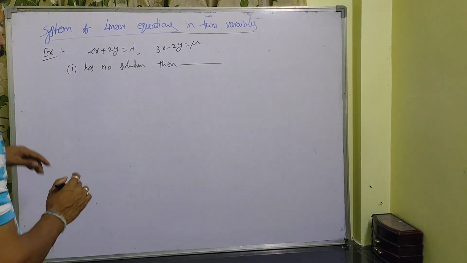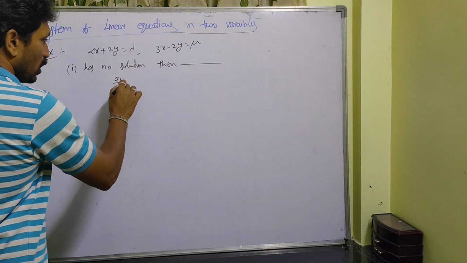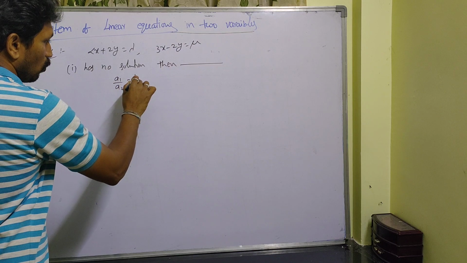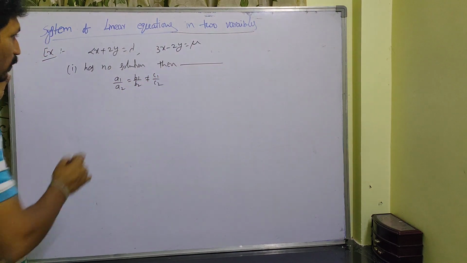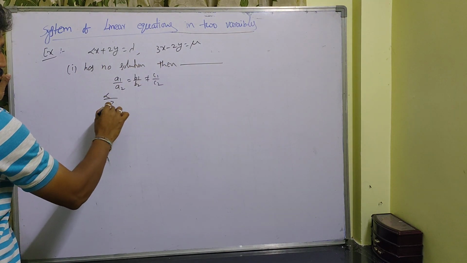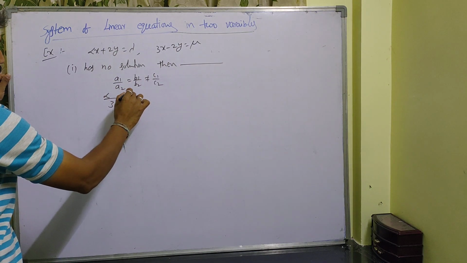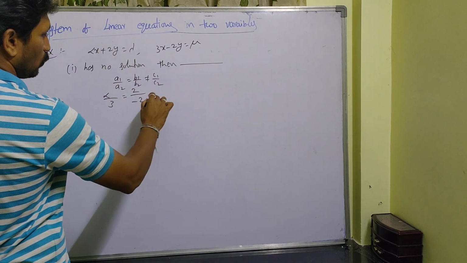Okay, see here, has no solution is asking. No solution means what is the condition? A1 by A2 is equal to B1 by B2 not equal to C1 by C2. Okay, see here, A1 means alpha, A2 means 3, B1 means 2, and B2 means minus 2.